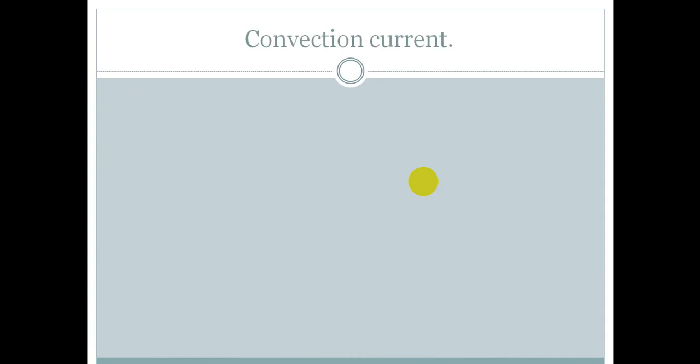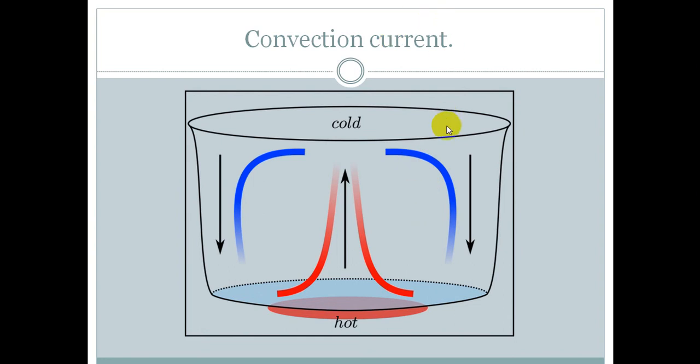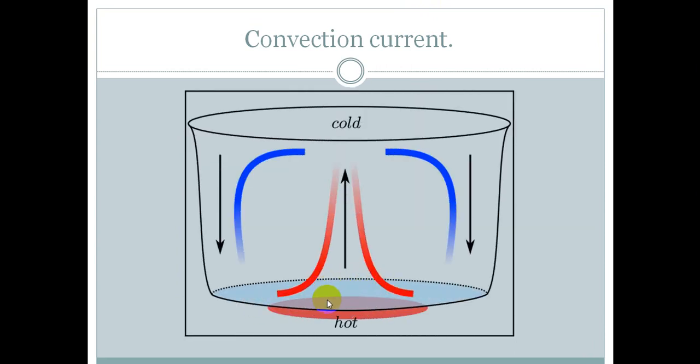There is something which is called convection current. What is the meaning of this? Let's imagine that this pot has water and it's put on the stove. Here it's hot because it's having fire, so the heat will warm the part which is down here.